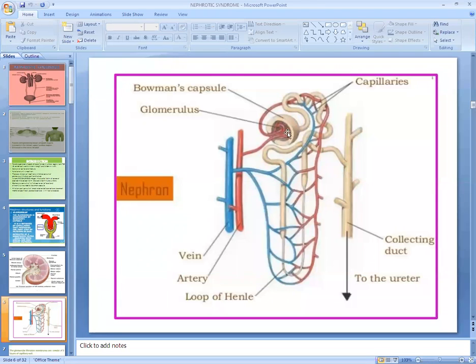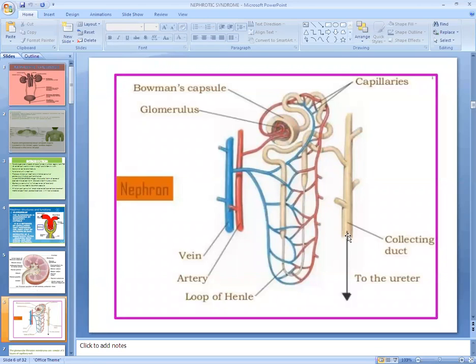So, a network of capillaries surrounded by Bowman's capsule. This is the glomerulus, which continues as the proximal convoluted tubule, then the descending loop of Henle, then the ascending loop of Henle, then the distal convoluted tubule, which continues as the collecting duct.